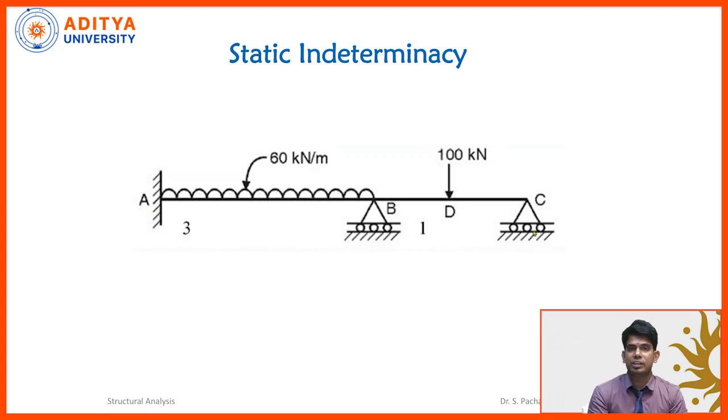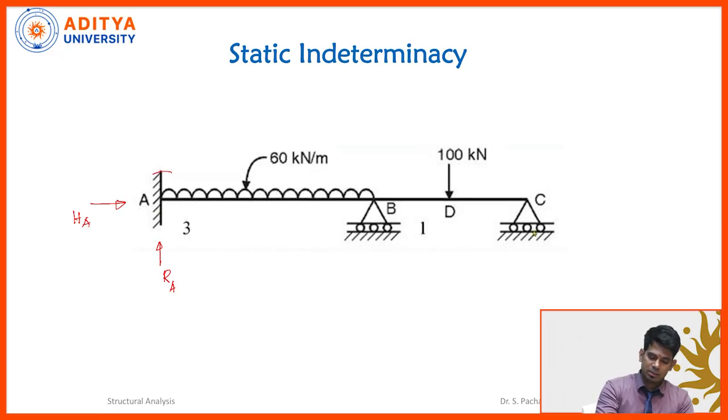First of all, I need to mark all types of loadings here. At support A, we are going to have the reaction force RA, and this support is subjected to the horizontal reaction HA. Since it is a fixed support, there is a possibility of moment, that is called MA.